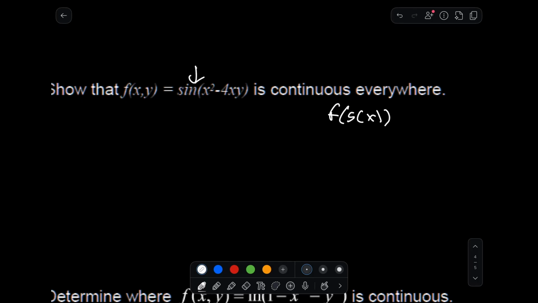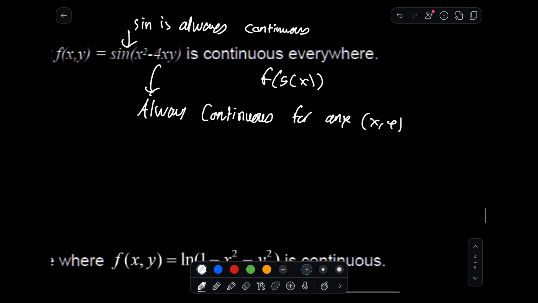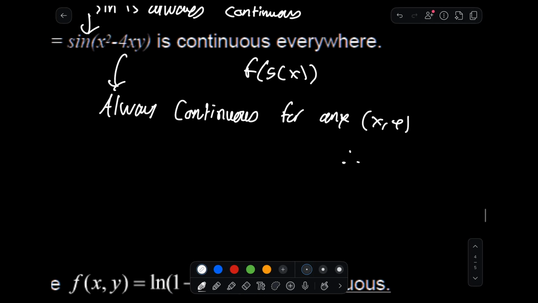So if we know that sine is always continuous, this is always continuous for any x comma y, and therefore f of x, y is continuous everywhere.